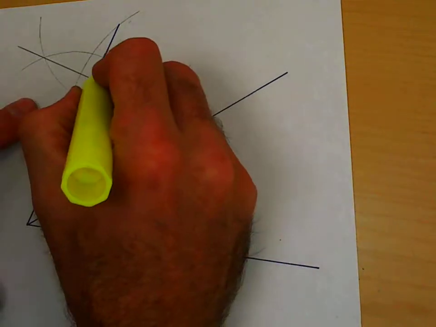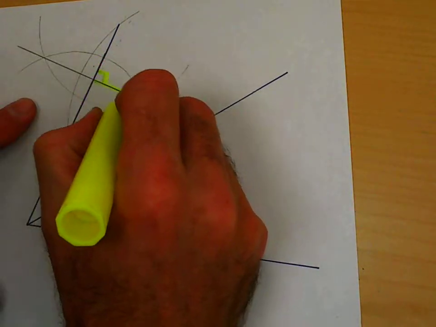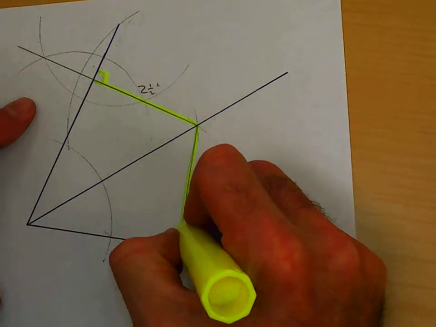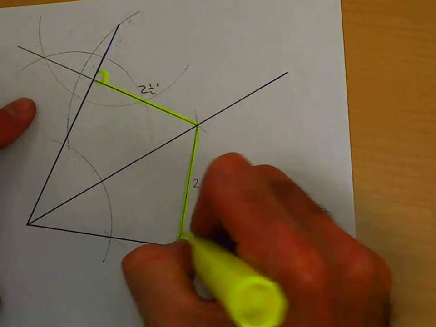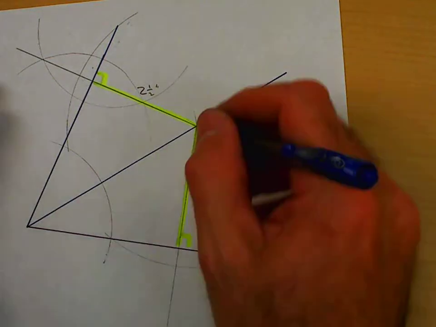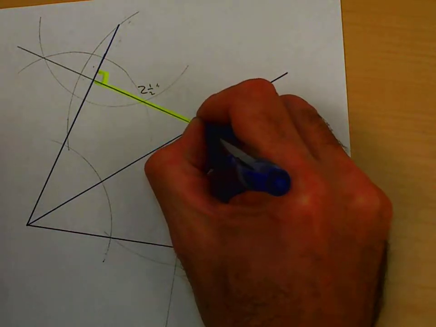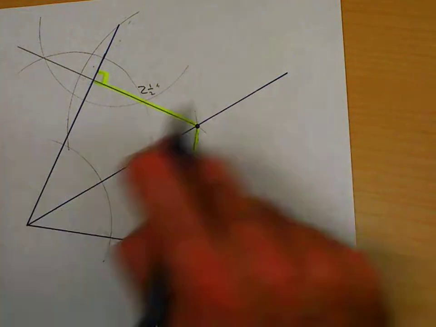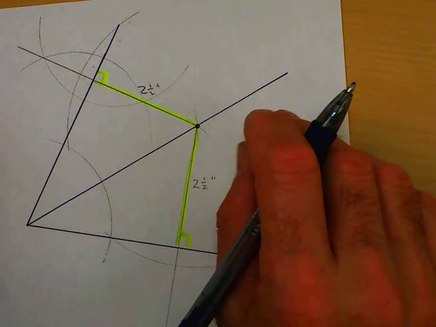If these are perpendicular, this length should be the same as that length, given the point on the angle bisector. Let's keep this straight.